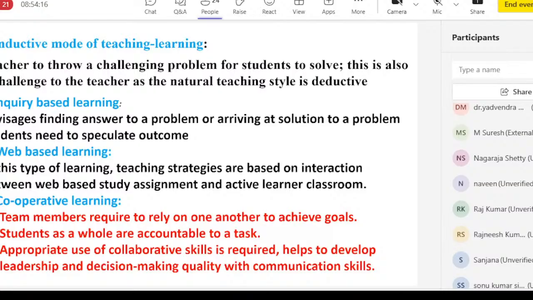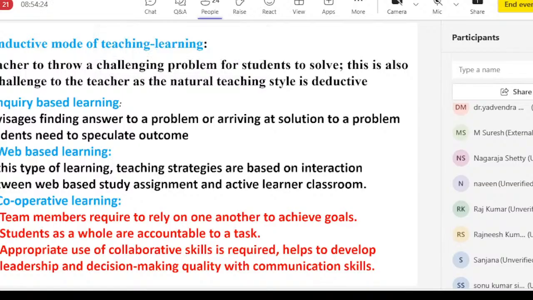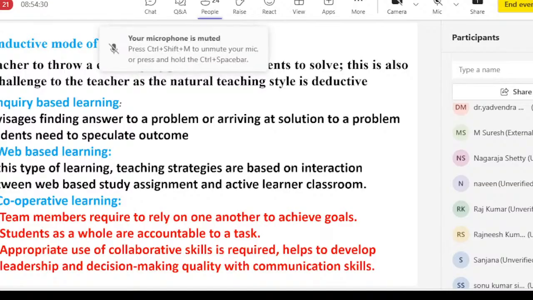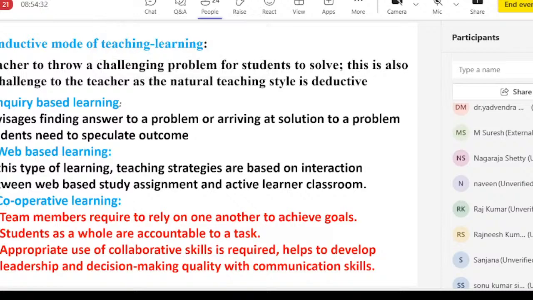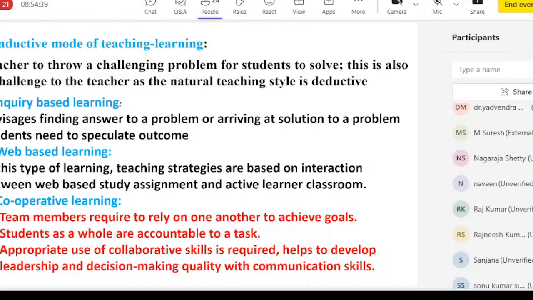So you just give a challenging problem and the students will ultimately come out with new ideas. The inquiry-based learning, you just give a problem where the solution, finding the answer is the main thing, that they will find the answer. That means they will use their introspection and then ultimately a good teaching learning will be there.